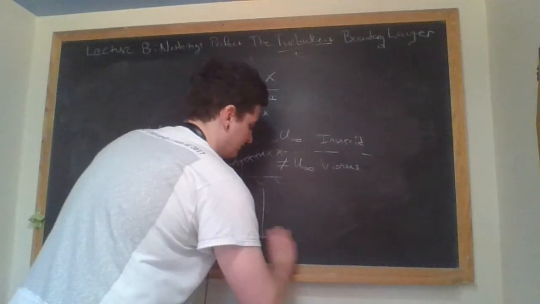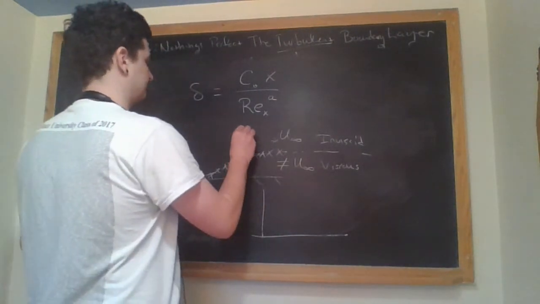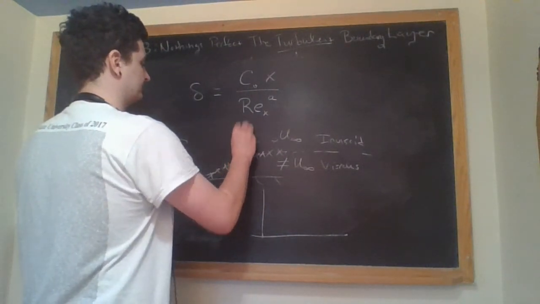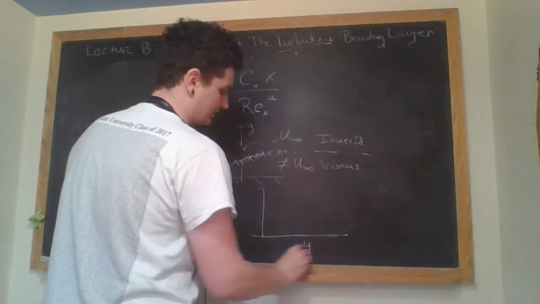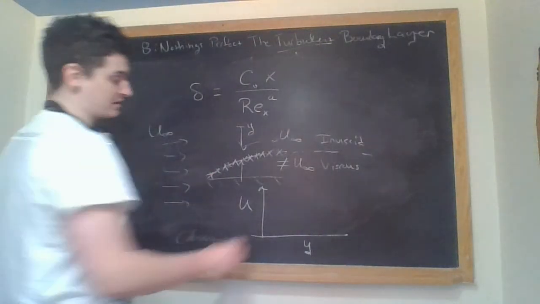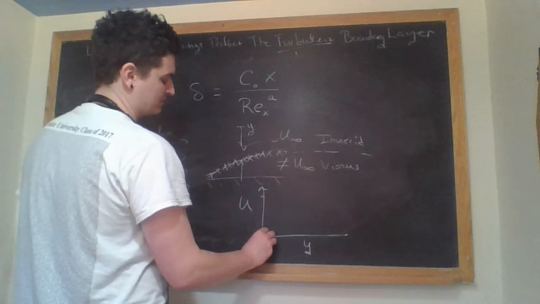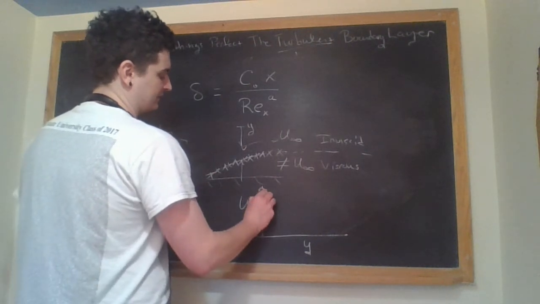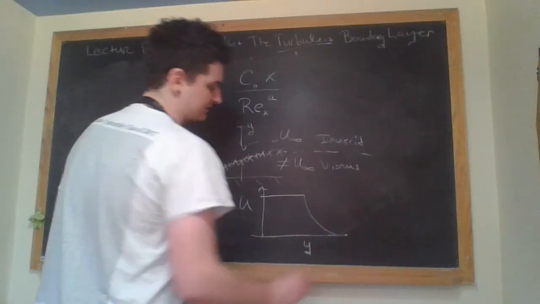So right, let's think about us going from like down here maybe. So this would be like our y coordinate. This is U, right? So if I'm trying to measure the actual boundary layer, one thing I do is I start here, and as I'm going to grow, it's going to go to a value and then drop down.